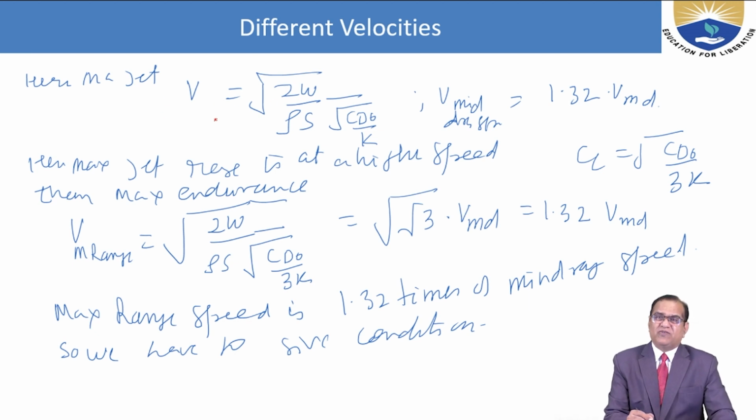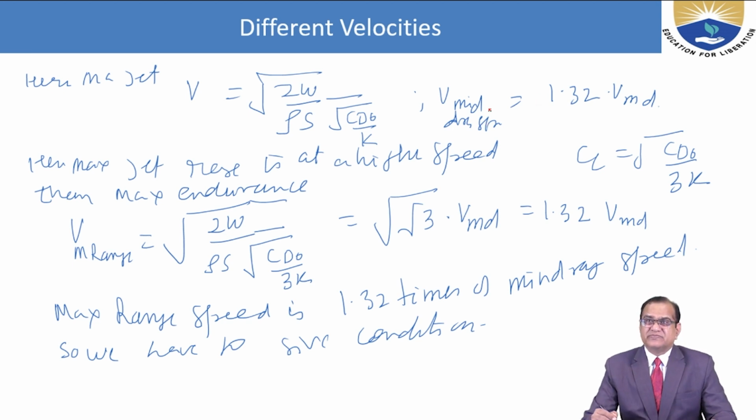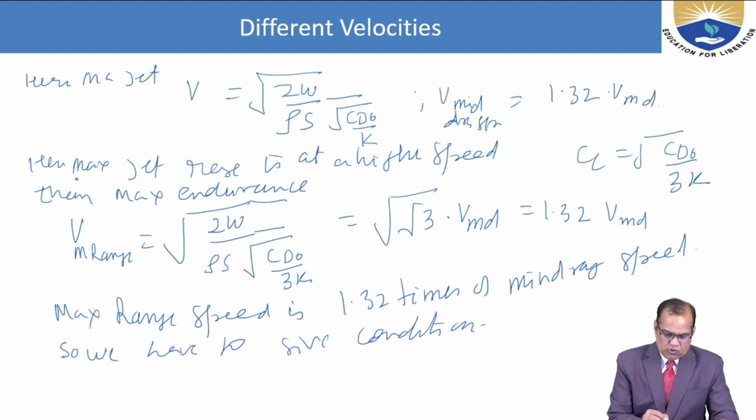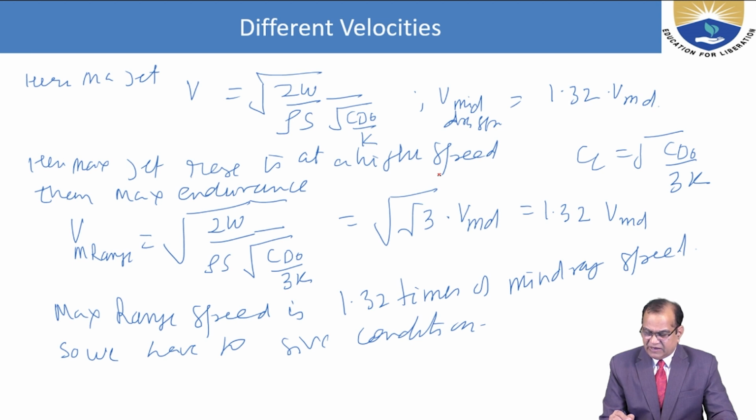V is equal to under root 2W by rho S, and for the Cl, we should have under root Cd naught by K. So V for minimum drag is 1 by 1.32 into V for maximum range. So maximum jet range is at a higher speed.